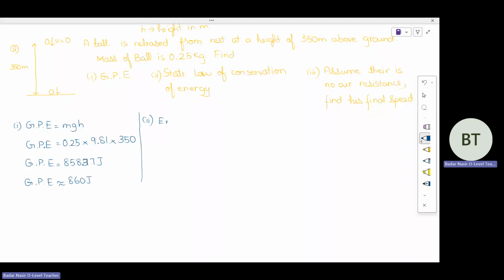Exactly. So energy can neither be created nor be destroyed, but it can transform from one form to another.